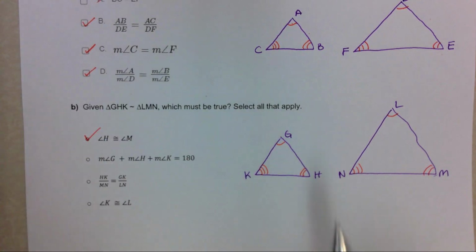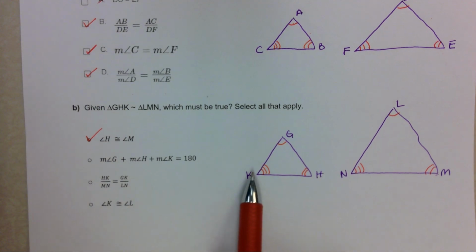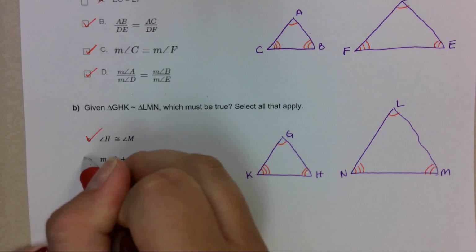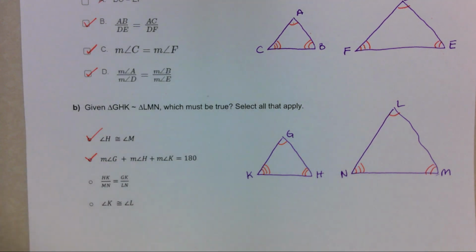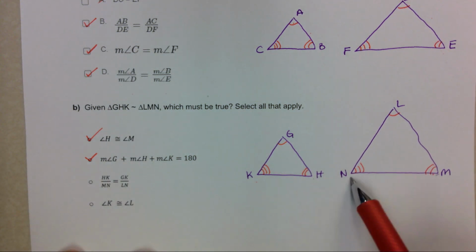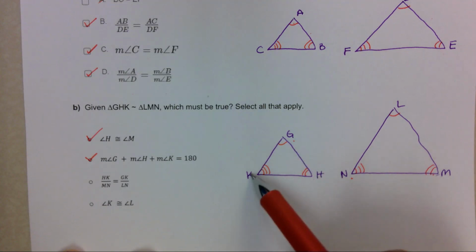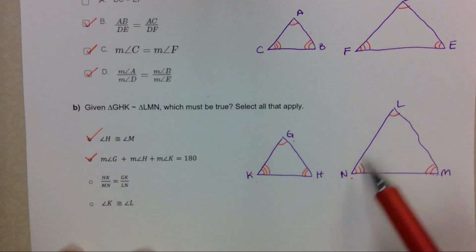The measure of angle G plus the measure of angle H plus the measure of angle K equals 180. Well, that is true because the three angles of a triangle should add up to 180. HK over MN equals GK over LN.